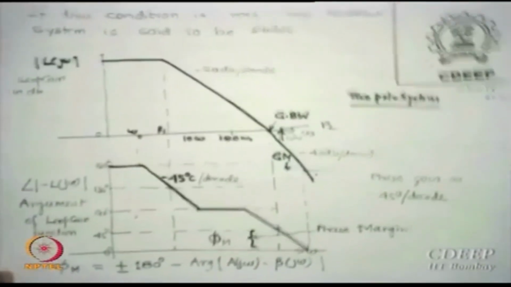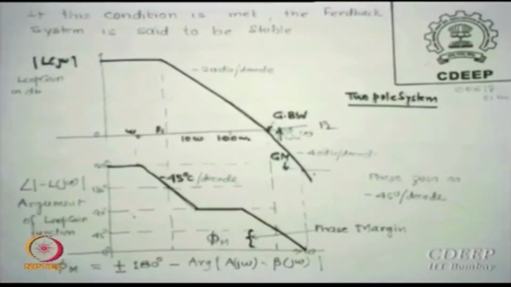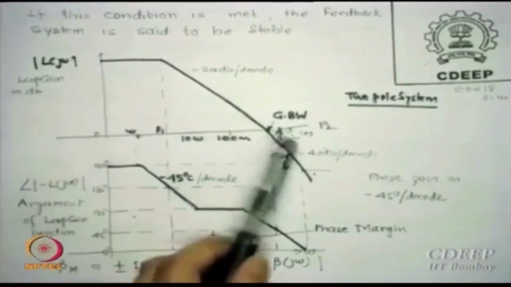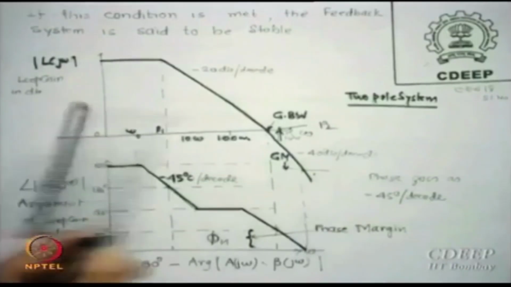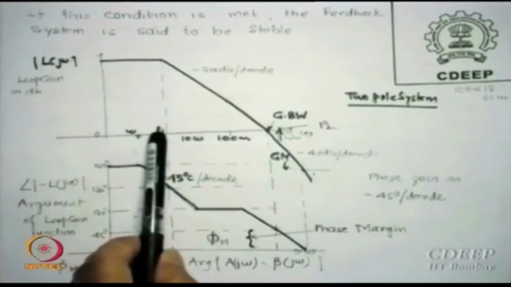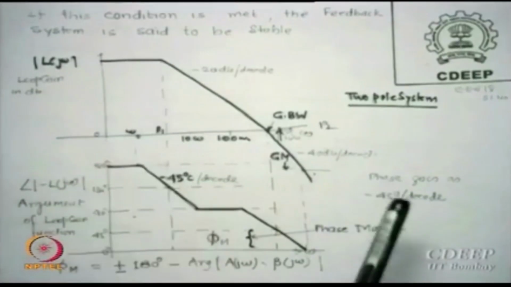So if I really plot for a given case, say a two pole system, this is called a second order system which has a feedback, and if I plot loop gain in dBs versus log frequency, the first pole occurs somewhere at P1, and that is our bandwidth.